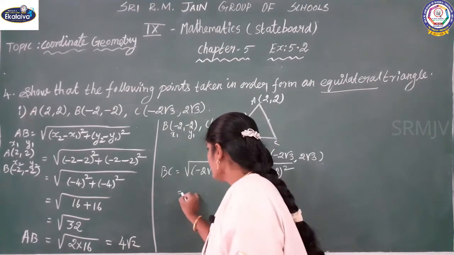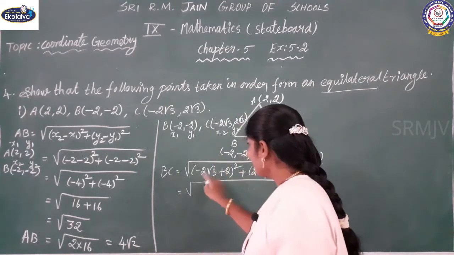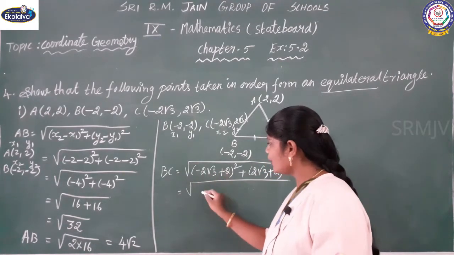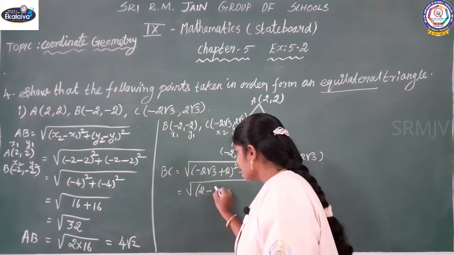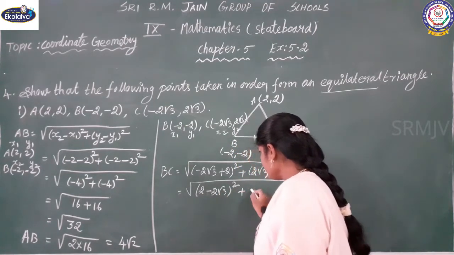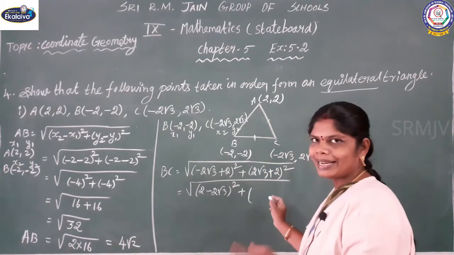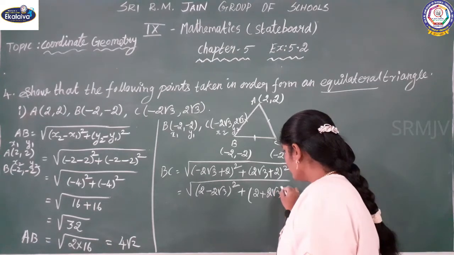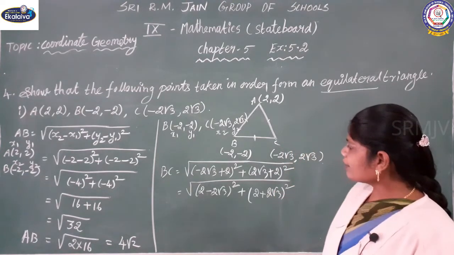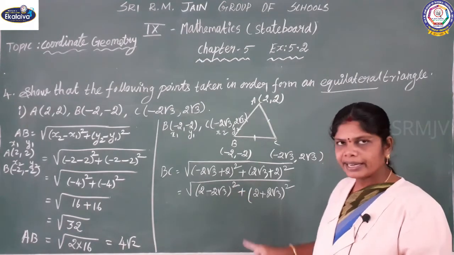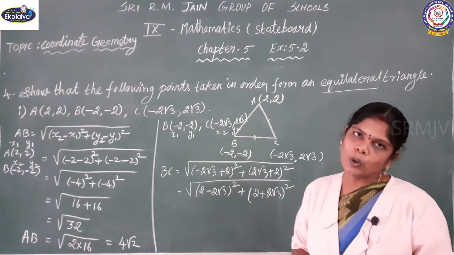Now I am going to rearrange this. Minus 2 root 3 plus 2, I am going to write 2 minus 2 root 3 the whole square, plus here also you should rearrange, 2 plus 2 root 3 the whole square, because I am going to use the formulas of a minus b the whole square and a plus b the whole square.